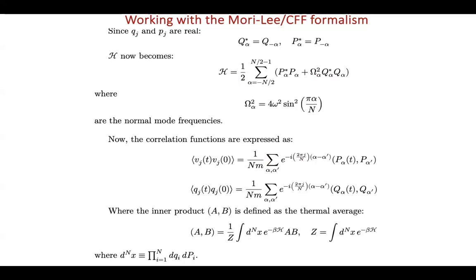Just like before, Q star of alpha would be Q of minus alpha, and P star of alpha, P of minus alpha. And you can write the Hamiltonian in terms of decoupled modes. You can see the number of modes is n plus 1 because there are n plus 1 particles.